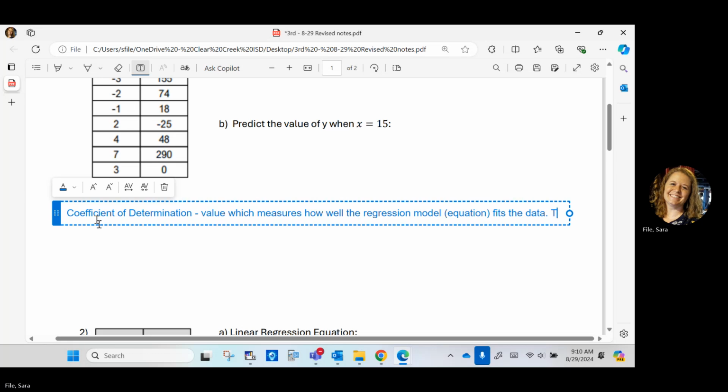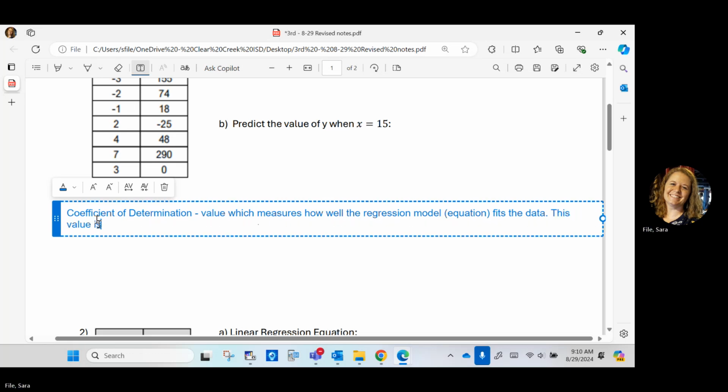This value is between 0 and 1. And the closer the value is to 1, the better the fit, thus the better the predictability. I'll make that bigger here.